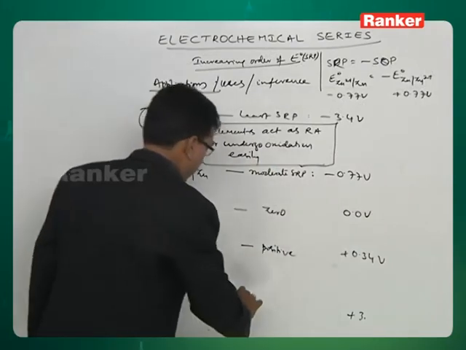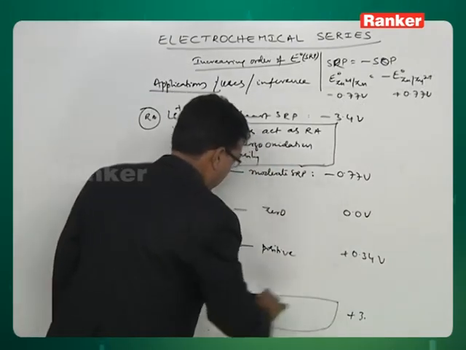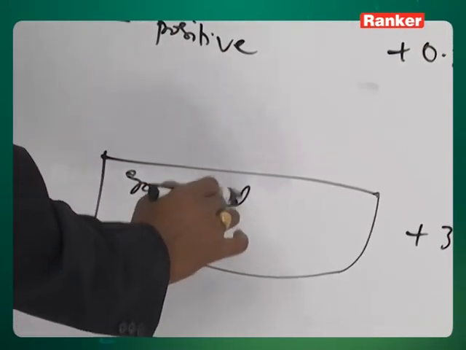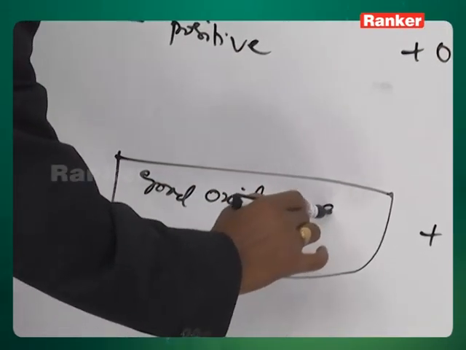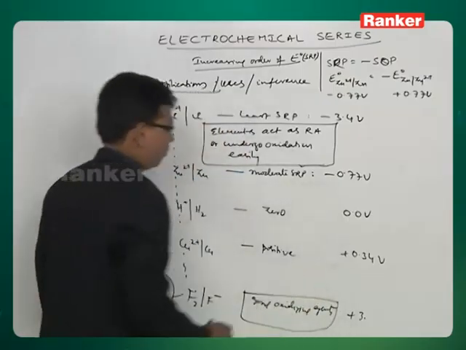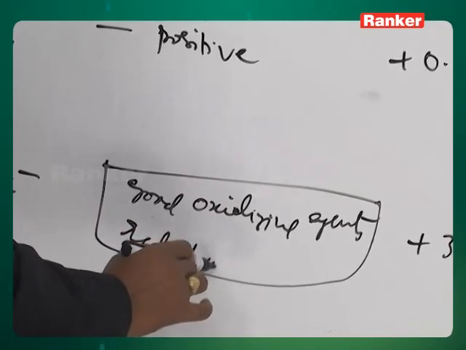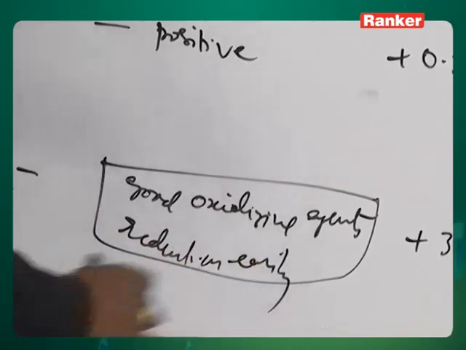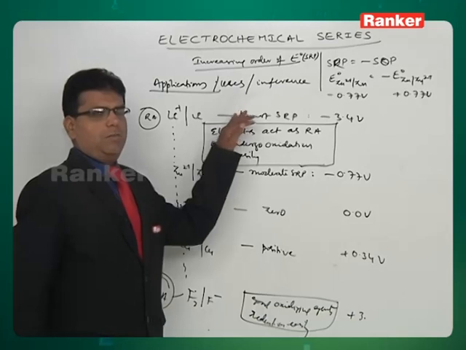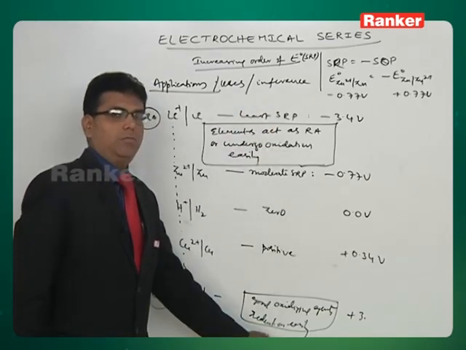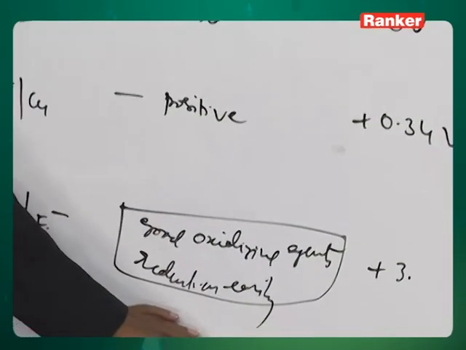And these elements act as good oxidizing agents, as they undergo reduction easily. Those elements at the top are good reducing agents. The elements at the bottom are good oxidizing agents.